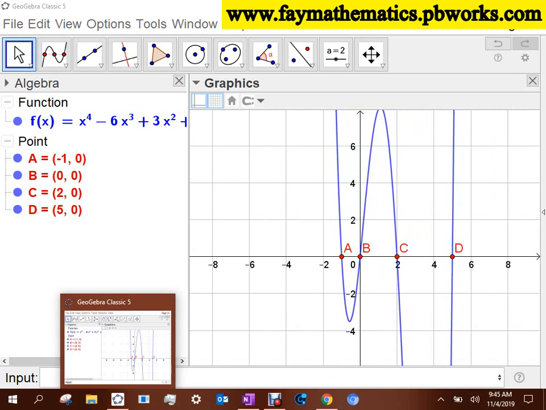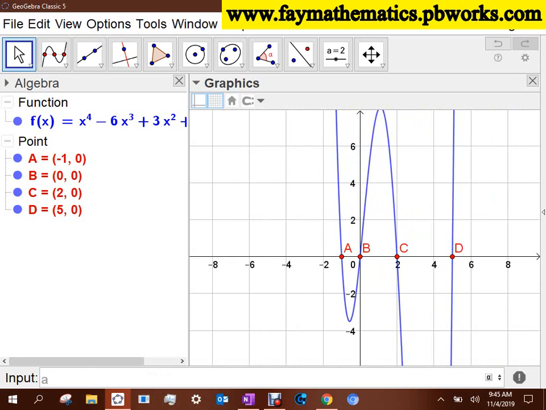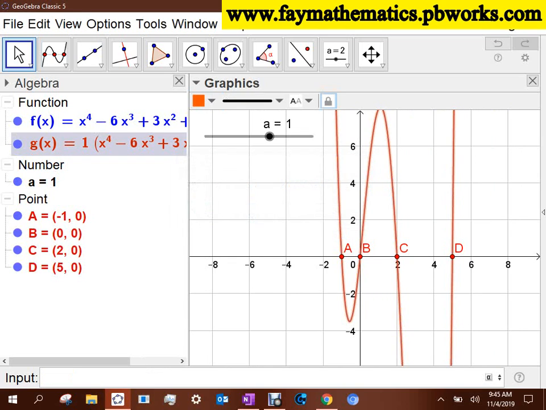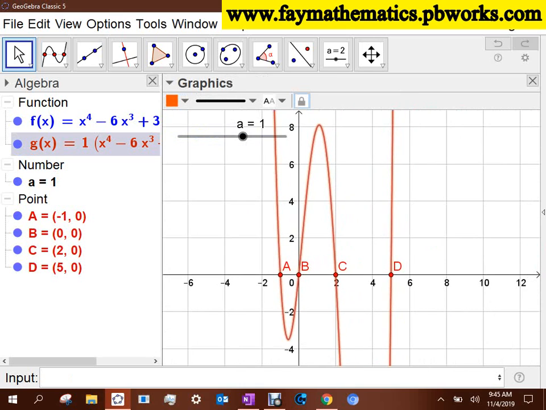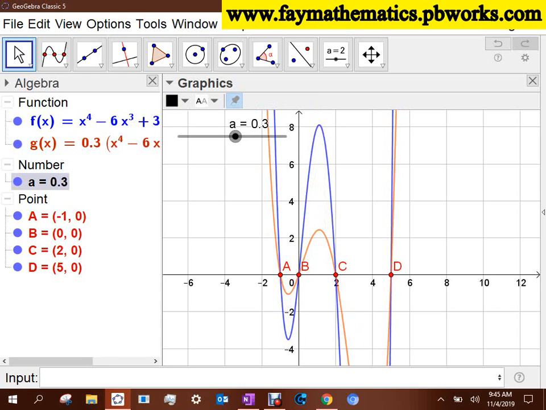If I take A times f of x, where A is a slider, it's essentially a multiplier out in front of this thing, right? Right now A is at 1, so we're seeing the red graph and the blue graph on top of one another. Would you guys agree that this red graph still has the same zeros?